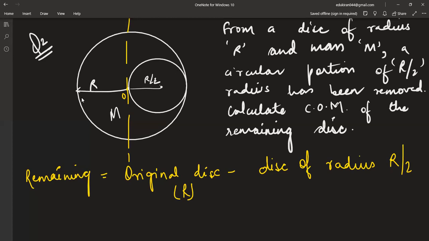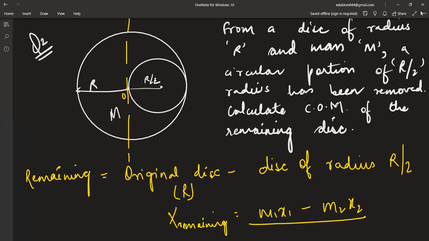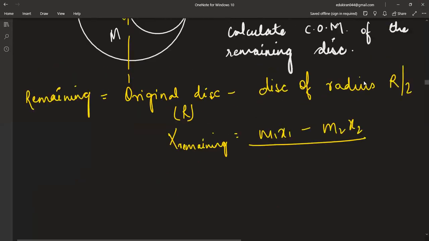See class, if from this original bigger one I subtract the smaller one, I'll be able to get this area, right? So the remaining disk is the original disk minus the disk of radius r by 2. So the formula for the remaining center of mass is m1 x1 minus m2 x2, divided by m1 minus m2. Whenever something has been removed, we usually write no plus, just put a negative sign and your answer will be there.